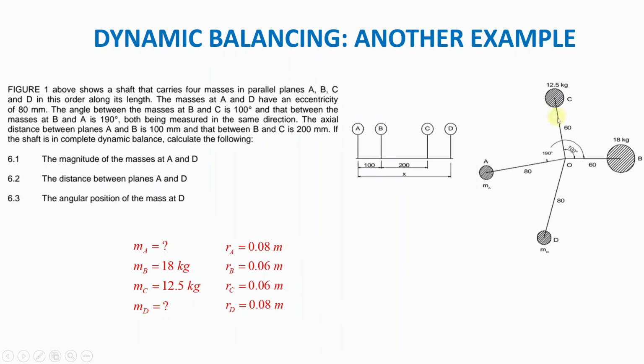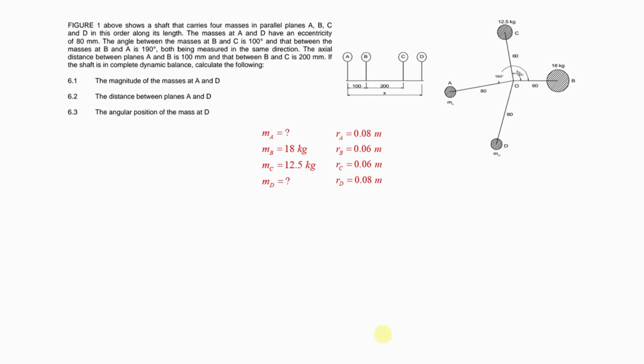And for B and C, it's 60 millimeters or 0.06. These are very important because in order for us to answer the first part of the question, we will need to complete that table where you have your forces and your couples, or if you want, your moments.